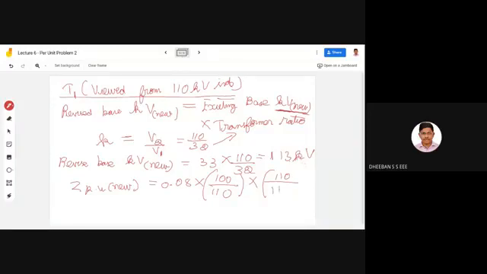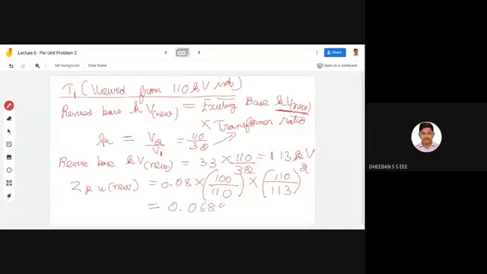So you have to put 113 the whole square. So you'll be getting the value around 0.0689, sir.